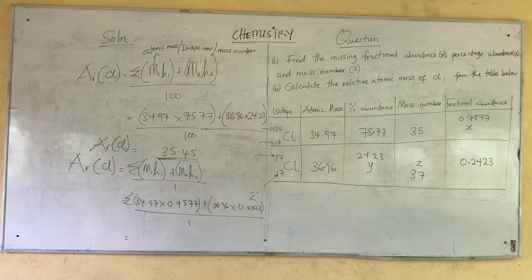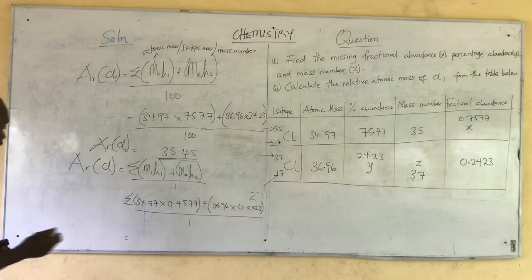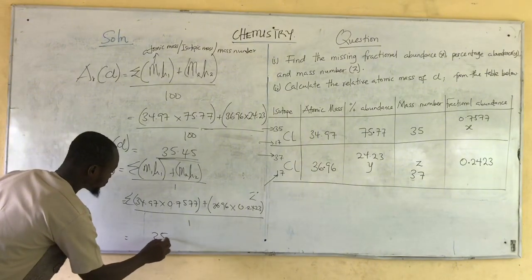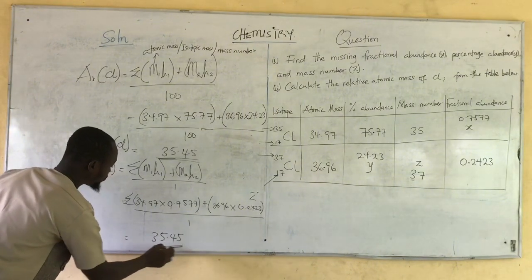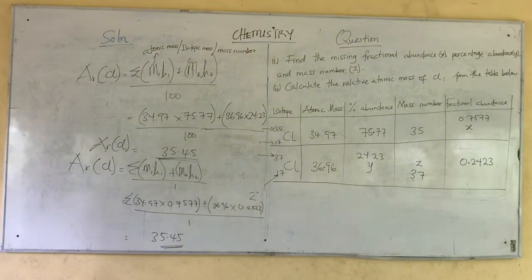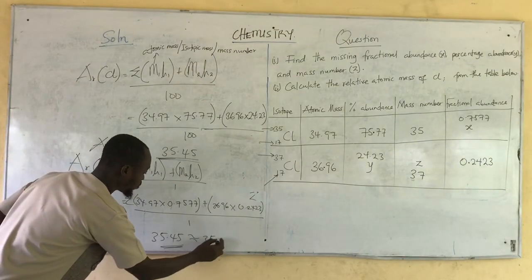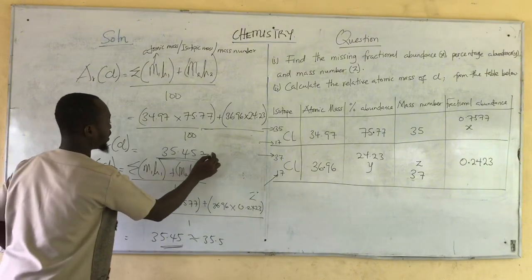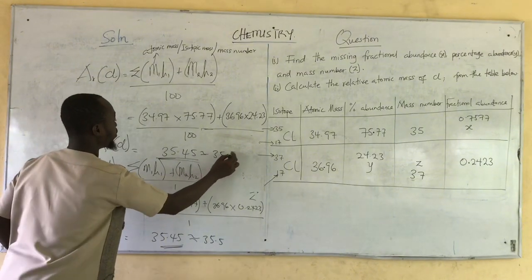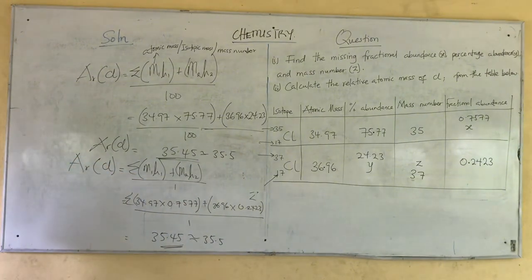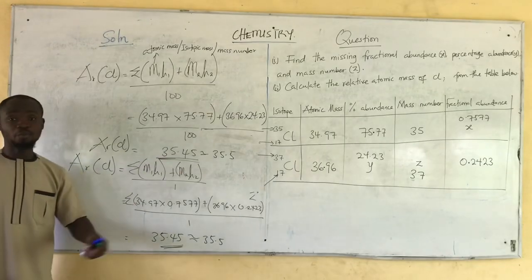All these divided by 1 because we are talking about fraction. And our answer is 35.45 if I approximate it to 2 places of decimal. Is that okay? Which is approximately 35.5. Same applies to the previous one, 35.5. So the relative atomic mass of chlorine is 35.5.